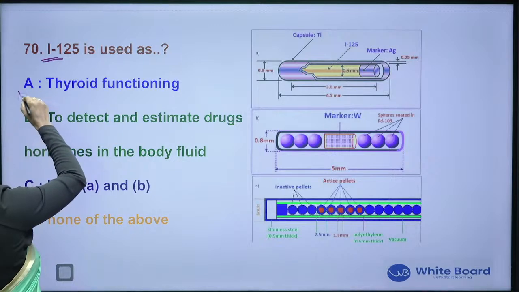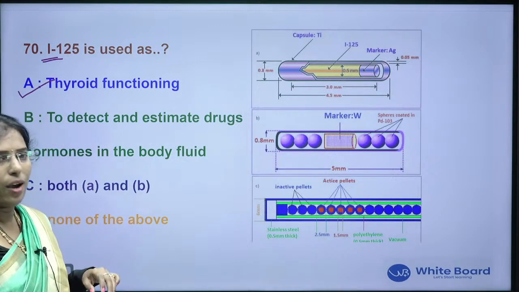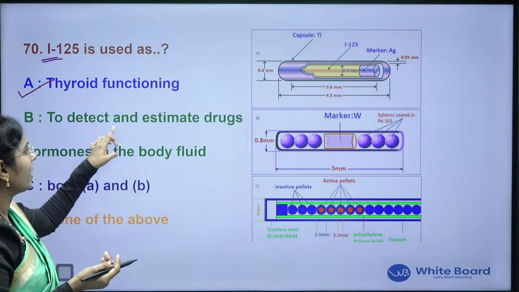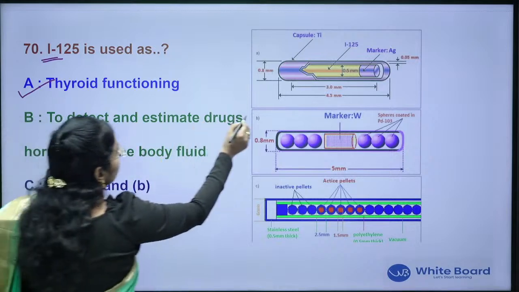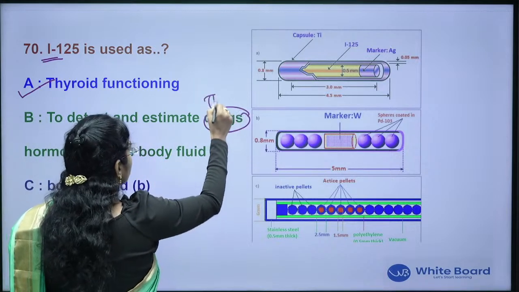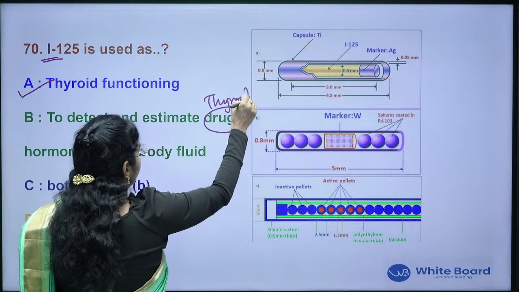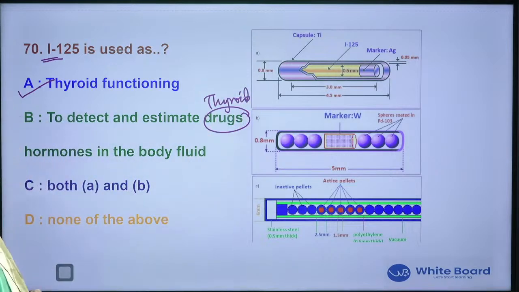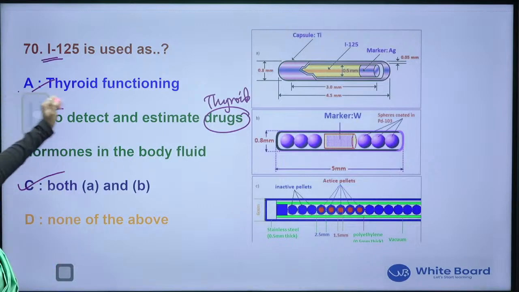Yes, it is used for treating thyroid functioning. And the next one, to detect and estimate the thyroid hormones in body fluid. Yes, both A and B are correct. So option C is the correct one.